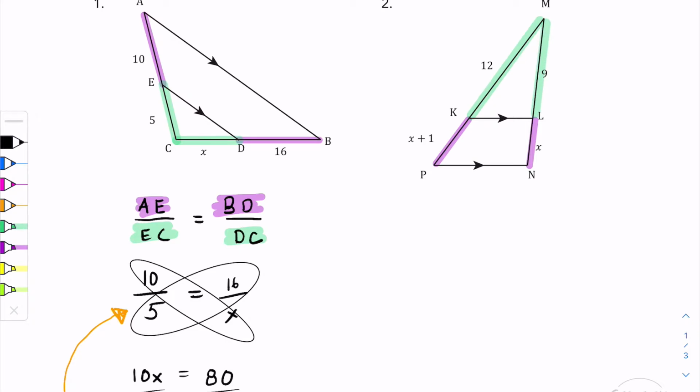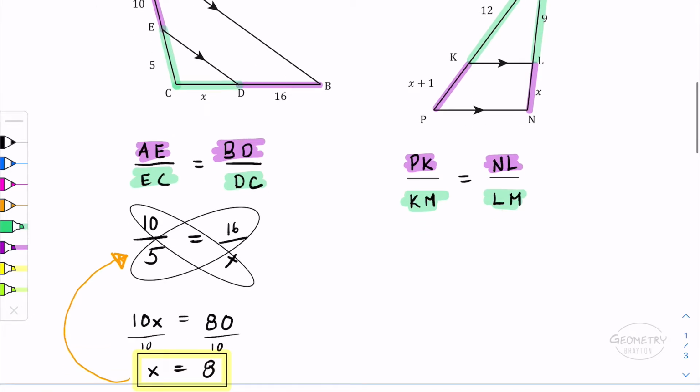I'm going to set up my proportion as PK divided by KM, and I'm going to set this equal to my ratio of NL over LM. So I have both of my purple highlighted segments in my numerator and my green highlighted segments in my denominator.